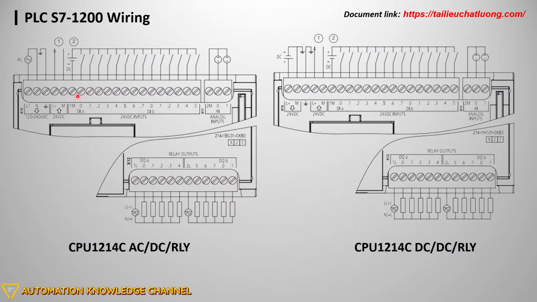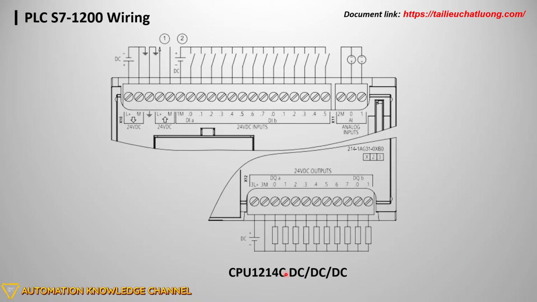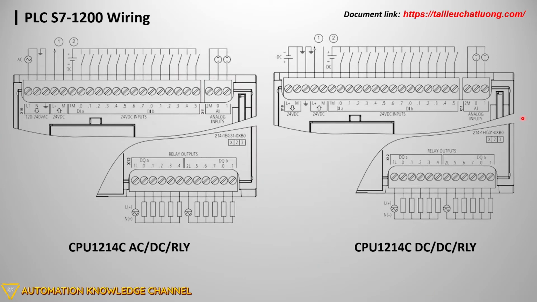As you can see, we have three types of PLC: CPU 1214C AC/DC/relay, DC/DC/relay, and the last is DC/DC/DC. Now we find the difference between the three types of PLCs. The first parameter is the power supply of the PLC.